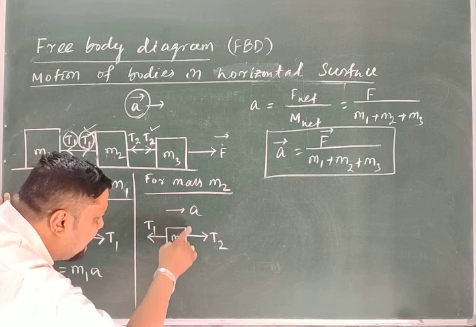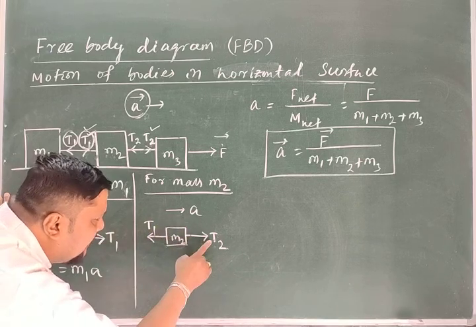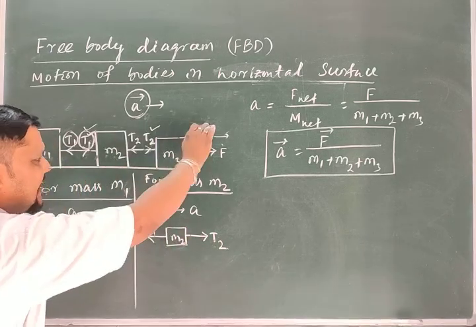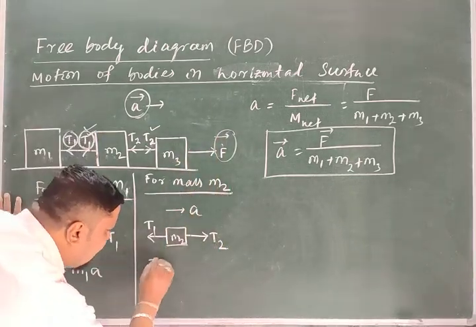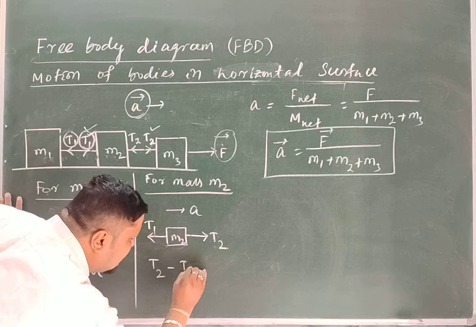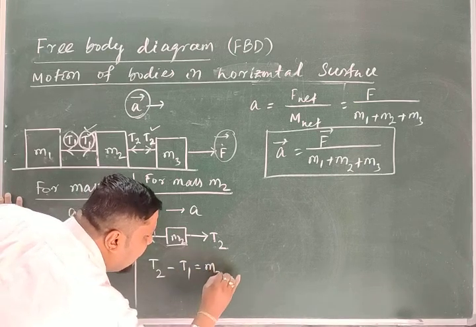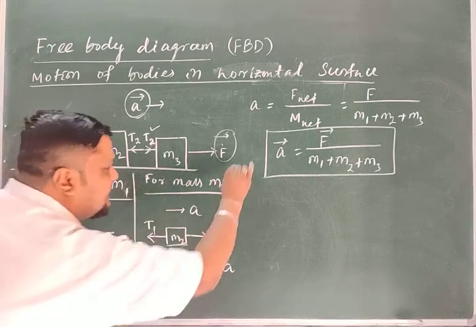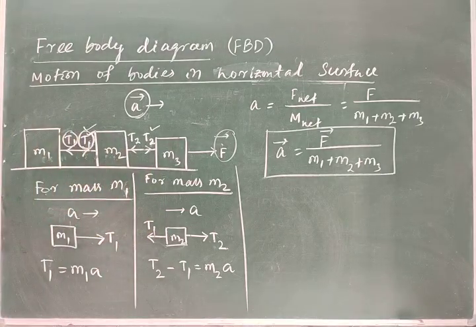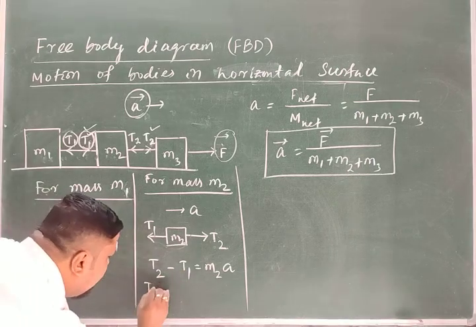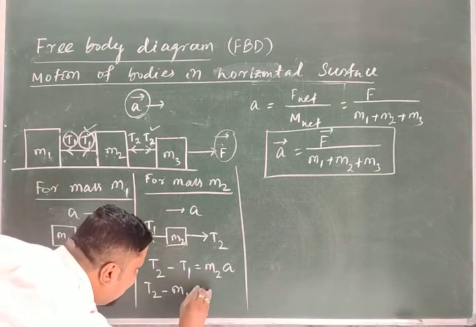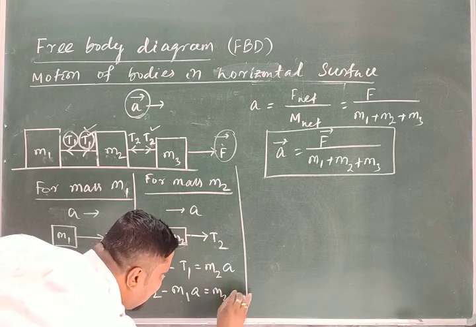By using the concept of the free body diagram, the body has an acceleration along the direction of the applied force. So T2 must be greater than T1. So I can write T2 minus T1 is equal to M2A. That is for mass M2. If you put T1 is equal to M1A, you will get T2 minus M1A is equal to M2A.